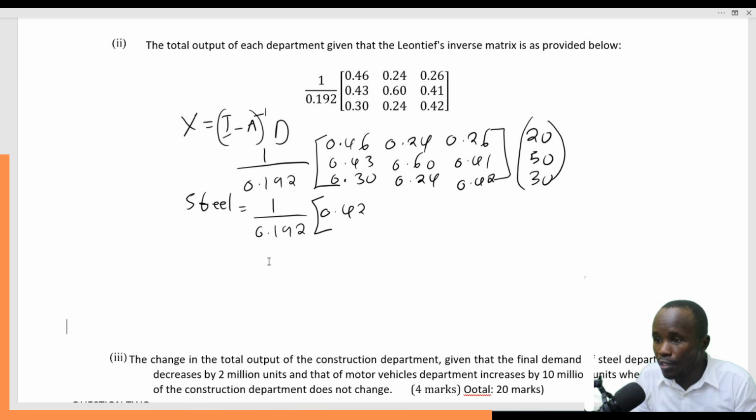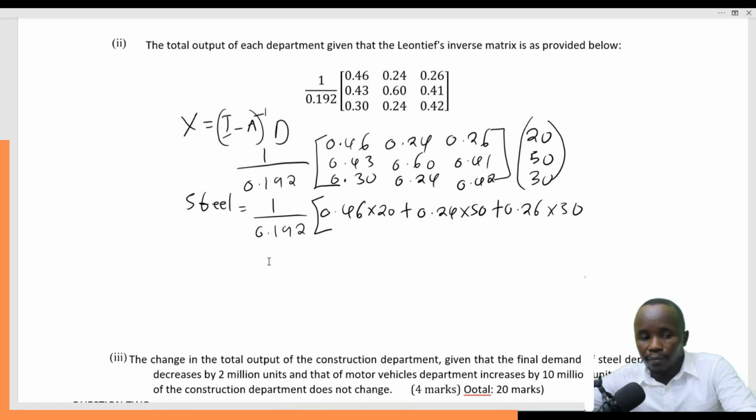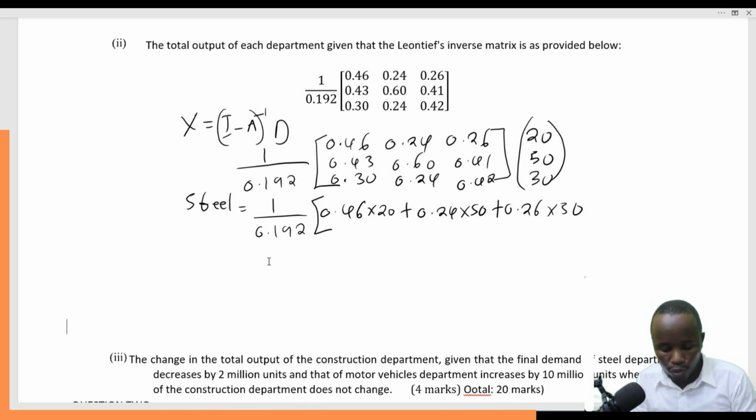So 0.46 times 20 plus 0.24 times 50 plus 0.26 times 30. Pick your calculator. 0.46 times 20 gives us 9.2.